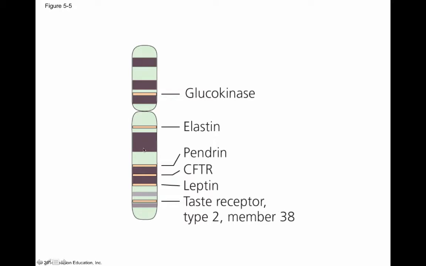They are linear molecules, even if they're condensed around histones and other packaging proteins. And because they're, particularly in eukaryotes, linear molecules, there's linkage. There's a physical distance between different genes that code for proteins on the same chromosome.